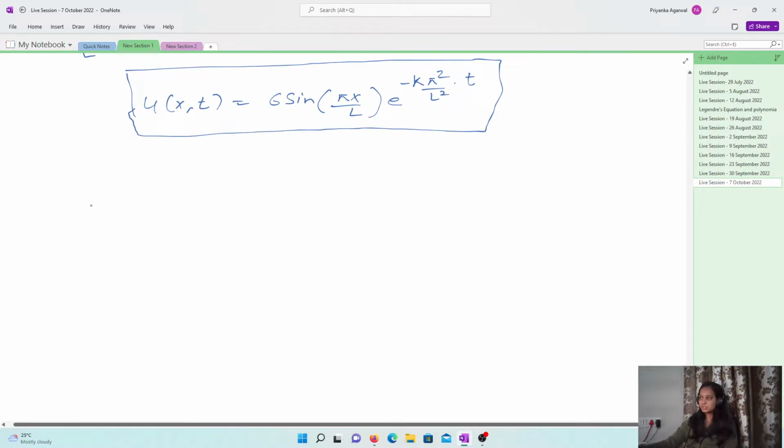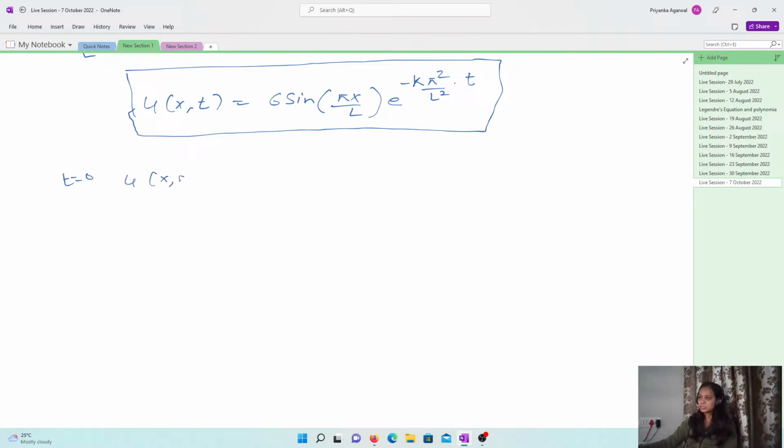Now you check. If you put t equals 0, then u of x comma 0 becomes, e to the power 0 is 1, 6 sin pi x by L, satisfied, right? You put x equal to 0 over here, then u of x comma t becomes 0, right?